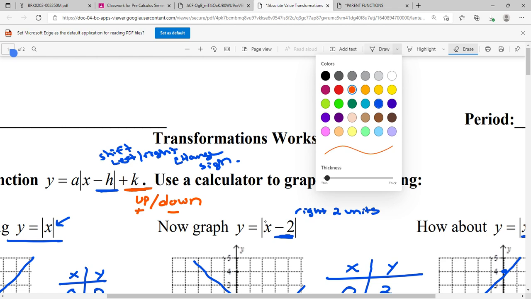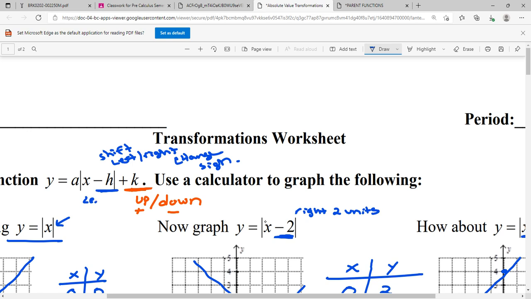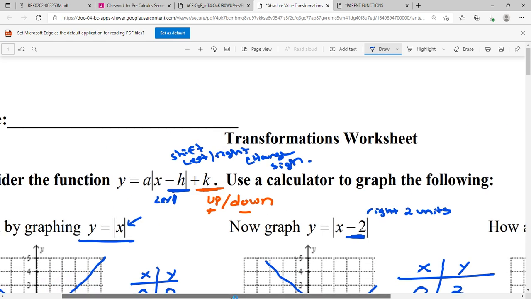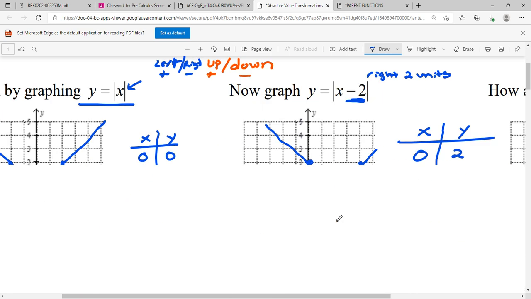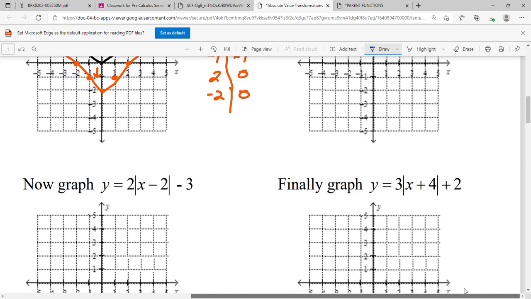For the one inside the parentheses, our H, which is our left-right, left is going to be, see, it's the opposite. We have to change the sign. Left is usually negative, but it's going to be positive, and right would be negative because we changed the sign inside there.